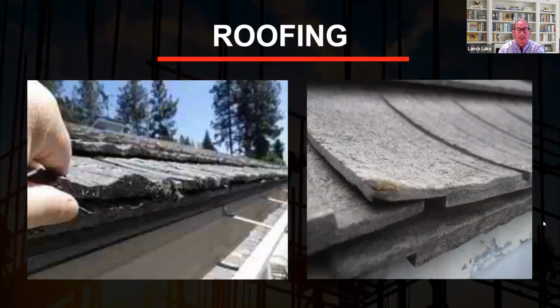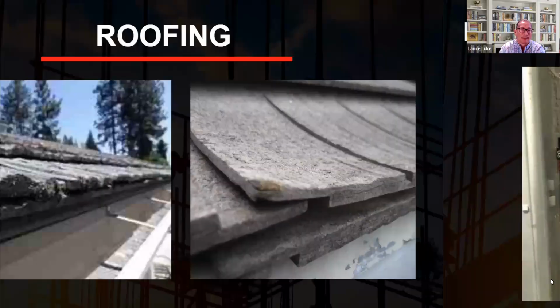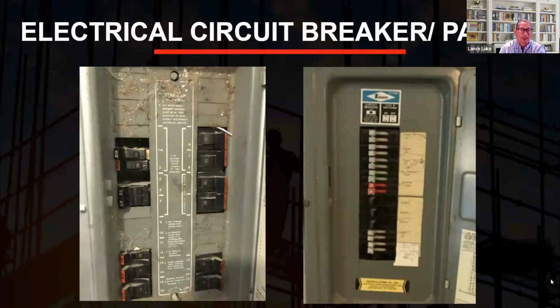Now, what other building materials are defective besides doors, windows, siding, and roofing? How about electrical? Did you know that there's bad electrical circuit breaker panel boxes and circuit breakers? Most people, when you have your electrical installed, think, yeah, nothing could be wrong, right? It works fine.